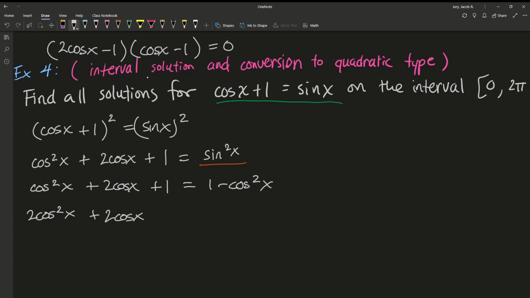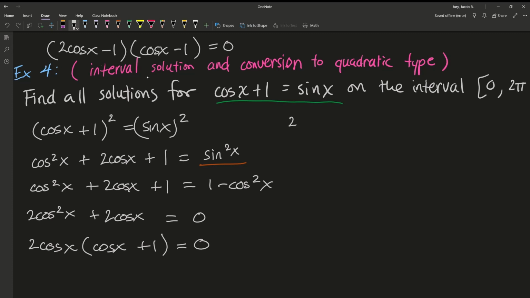And then if I subtract 1, then I'll have 0 over here. Now I can factor. Oh, cool. So this is even an easy one to factor. So I'll have cosine x plus 1 here, and all that equals 0.